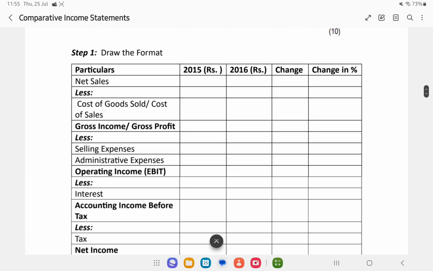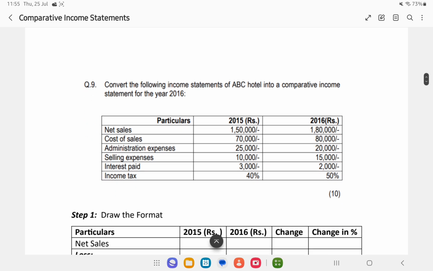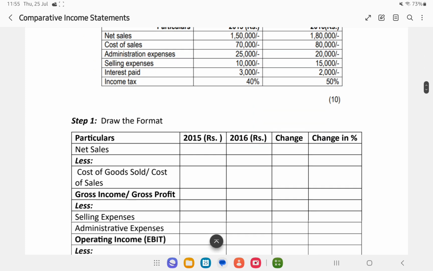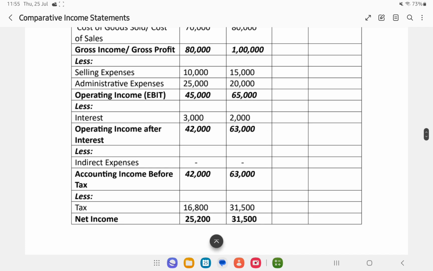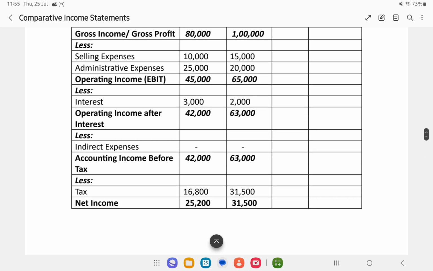Now let's see how to find the income tax. Going back to the question, it is written that for the year 2050 the income tax was 40% and in 2060 the income tax was 50%. We have our accounting income before tax for the year 2050 as 42,000.